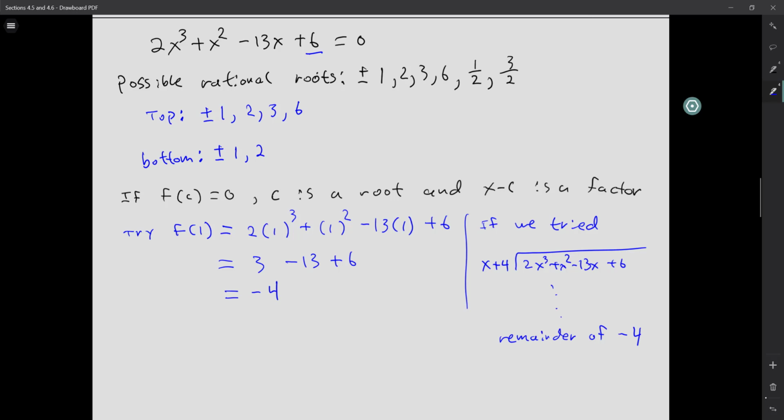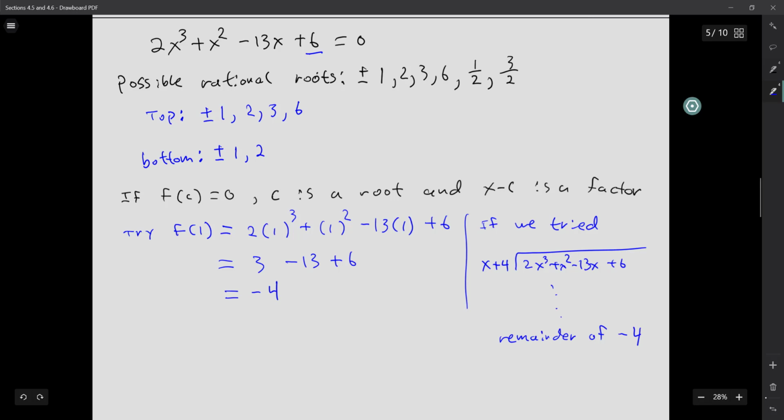But I don't want to do all that work. It's easier to just plug in the number and see if I get 0.